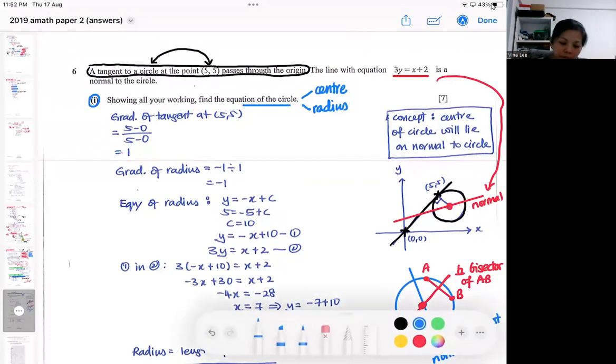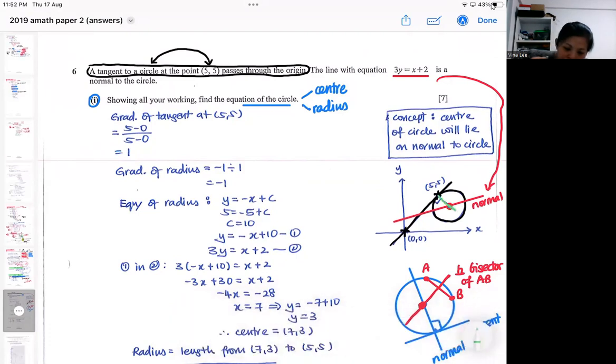So what I'm going to do is apply my EMAP property. From a tangent, I can have a radius here. The green part here is the radius. In your EMAP property, we know that the radius will be perpendicular to the tangent. So I'm trying to find the equation of the radius.